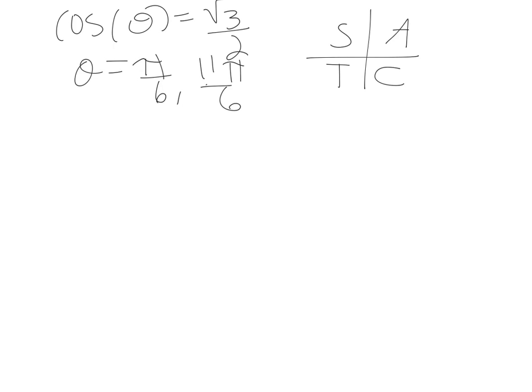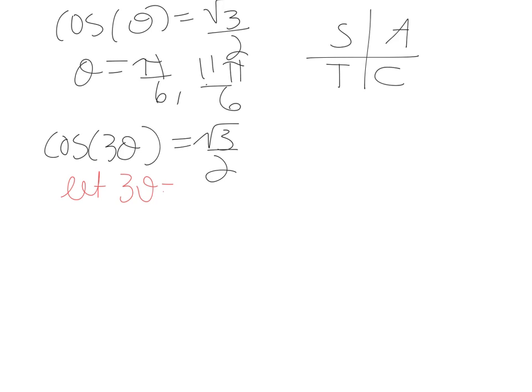So then, remember how I said, but now we've got cosine of 3 theta equals root 3 over 2. So let's let 3 theta equal W. So W then would equal pi over 6, W equals 11 pi over 6.